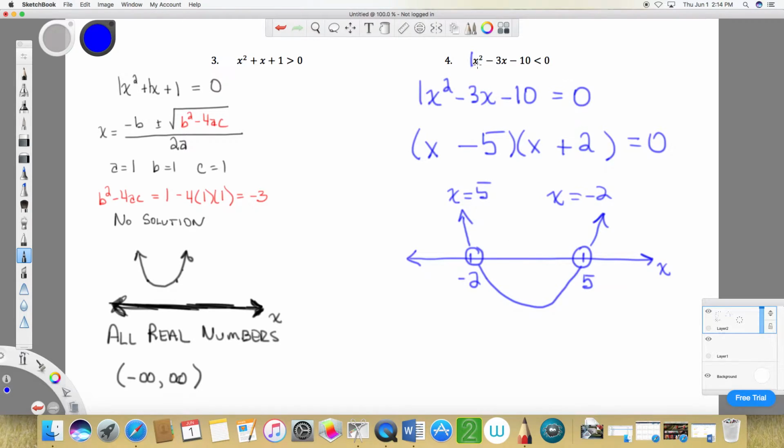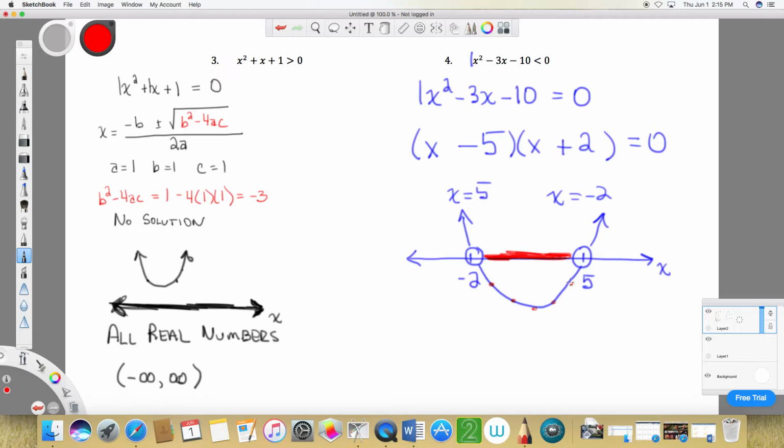Now I want the values of x that will make the output, the y-coordinate, be less than 0. That's going to happen if you're between these two values. Pick any number that's between negative 2 and positive 5 and plug it in and do that arithmetic, and I guarantee you that the output, the y-coordinate, is going to be less than 0. It's going to be below the x-axis.